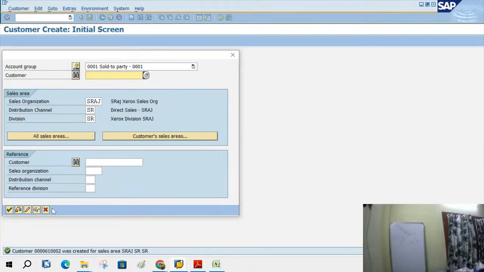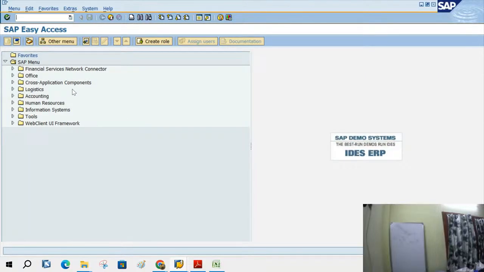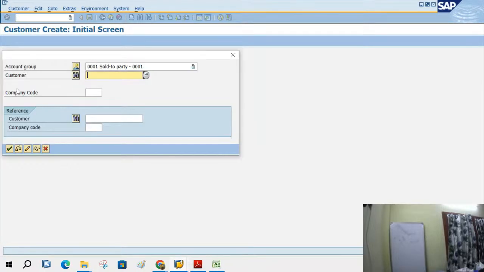Now where do I have to go? Now I have to go and create the FD01. Correct? Now if I am going to do FD01, what is the number? 614 times 02, and the company code is SRAJ. Correct? Now if I go, this is not allowing me to create the customer.